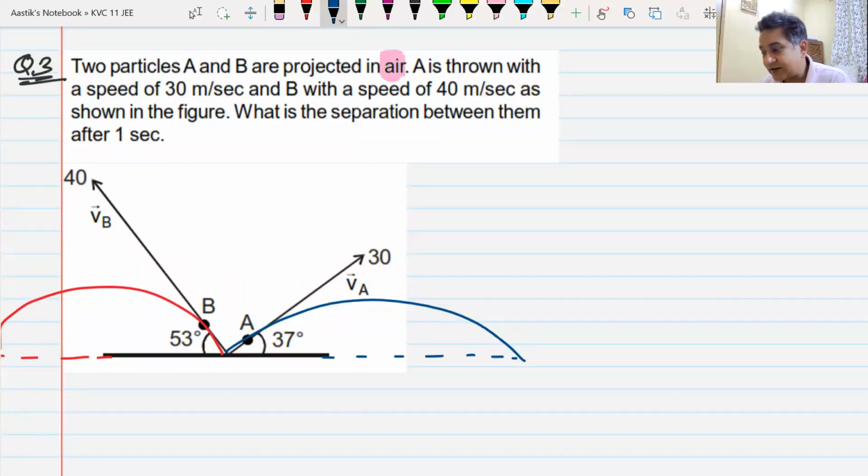So both of them are projectiles. I hope you can see them now. This is projectile number A. This is projectile number B. After 1 second, this could be somewhere here, and this could be somewhere here. We actually have to find the distance between these two. I hope you understand it's not an easy problem, right? Anyone who got the answer, can anyone explain how you got it? Which is the right answer? 50 meters.